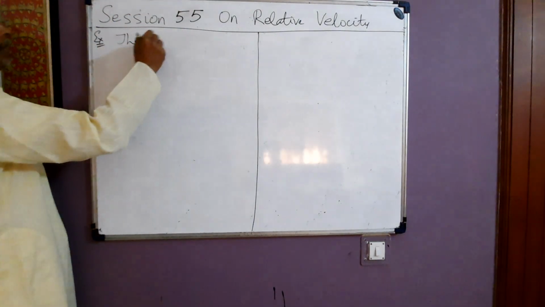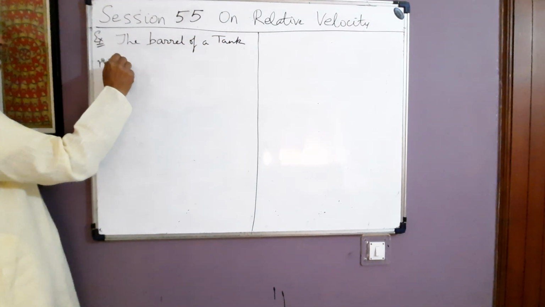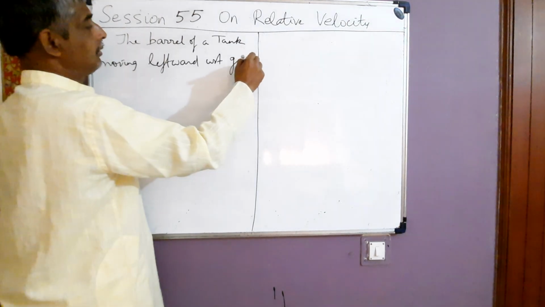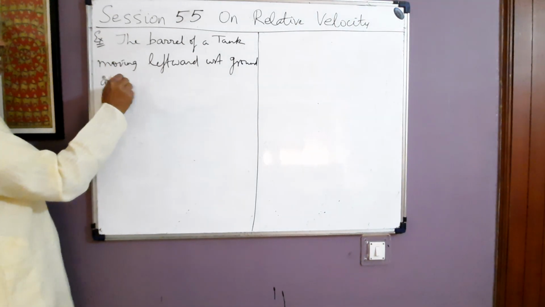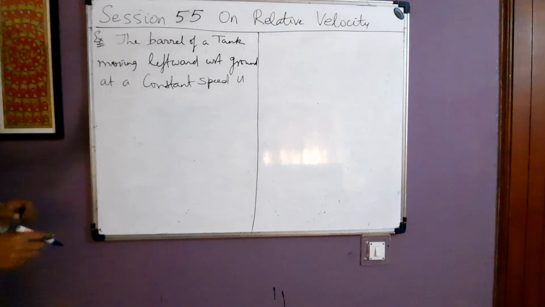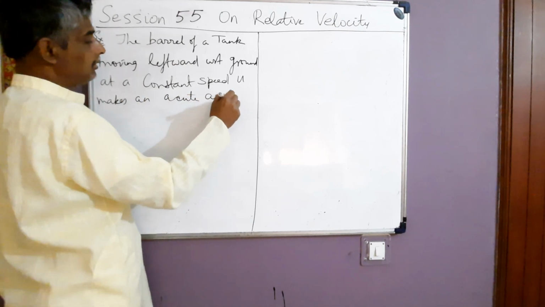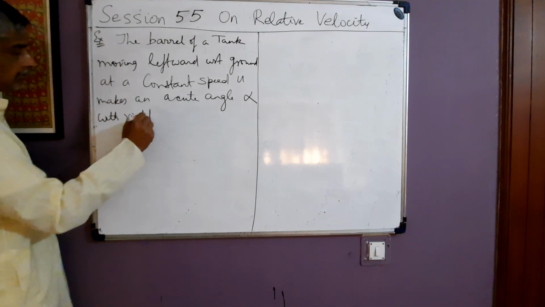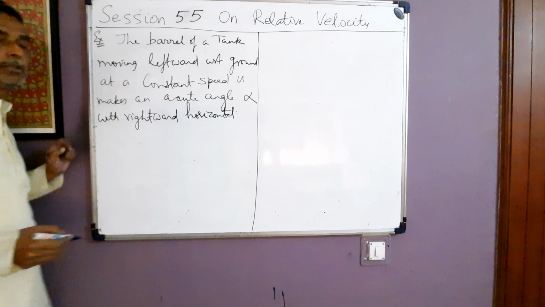The barrel of a tank moving leftward with respect to ground at a constant speed u makes an acute angle alpha with the rightward horizontal.